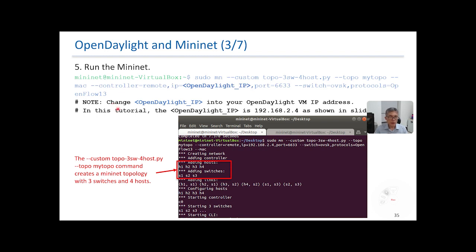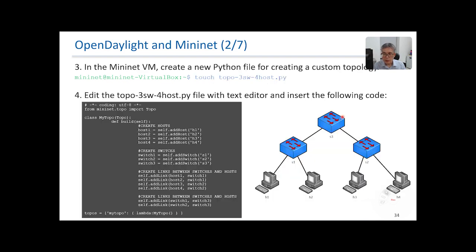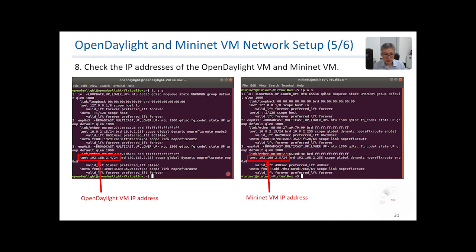Note, change this IP address to your actual OpenDaylight virtual machine IP address. In this tutorial, the OpenDaylight IP is this one, which we checked before, as shown in slide 31, and this is the Mininet address.